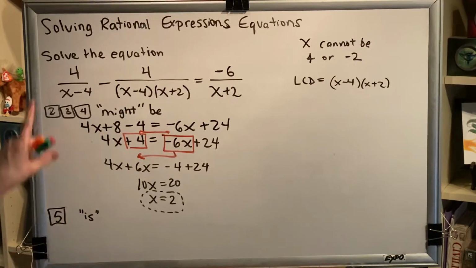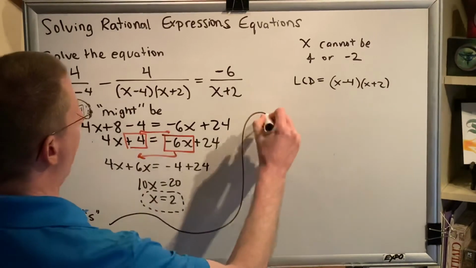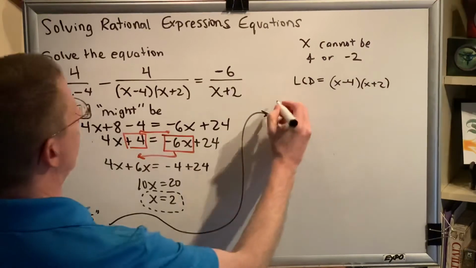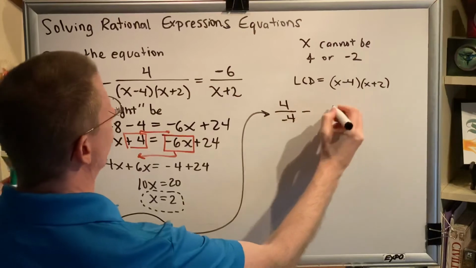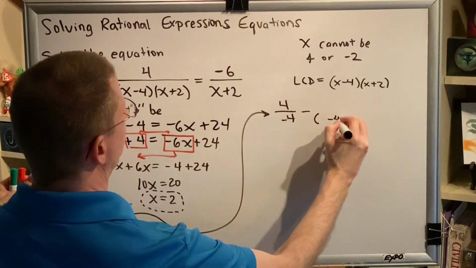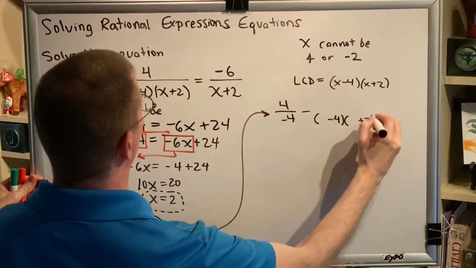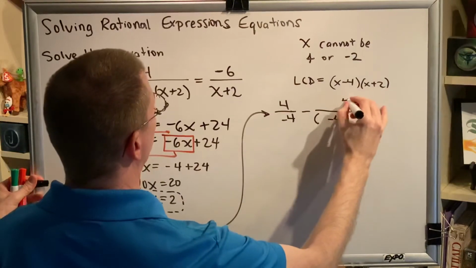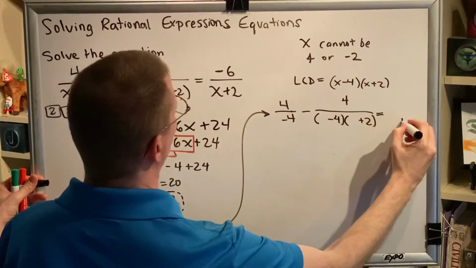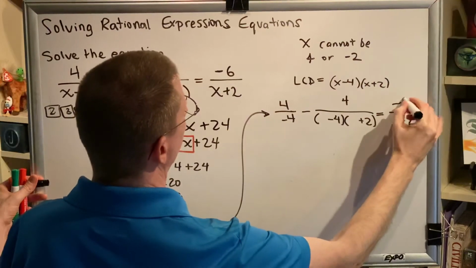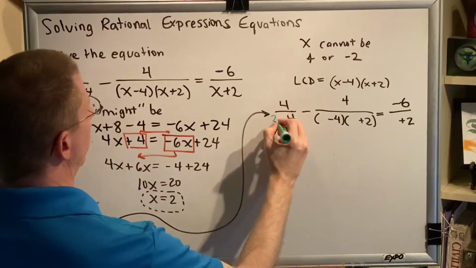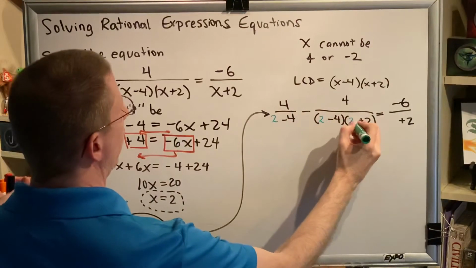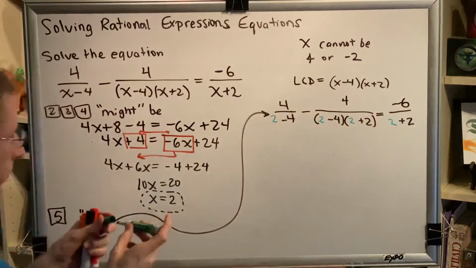We will plug into the original equation and simplify. So we're now going to do step 5. We're going to take our equation, and everywhere we see an x, we're going to put a positive 2. So, a positive 2 here, here, here, here.